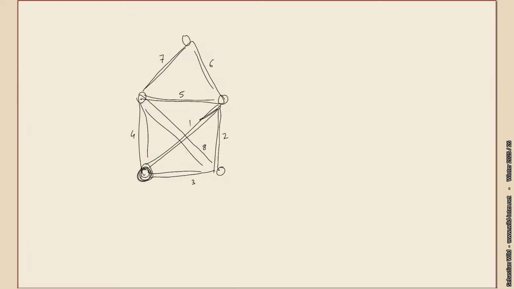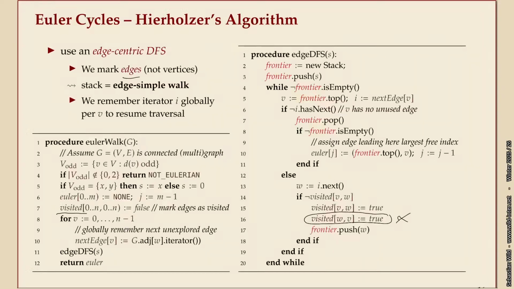It is certainly obvious from the example we've done that we revisit vertices. So the condition here is I may have a vertex any number of times on the stack, as long as the stack forms an edge simple walk. So I'm not going to have more copies of a vertex on the stack than it has edges.